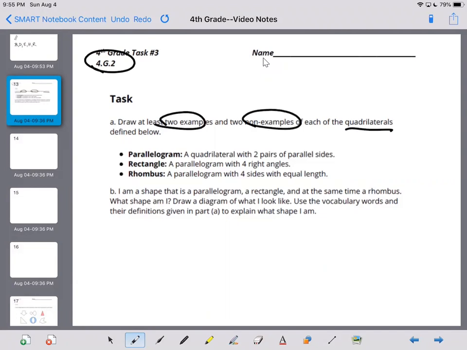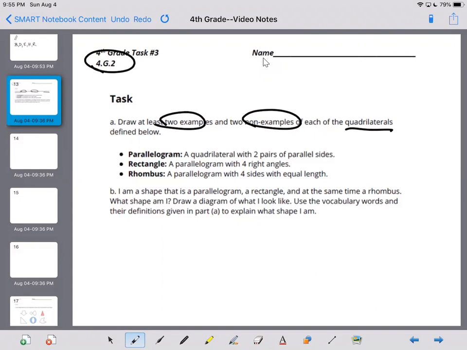And again, this task builds on geometric knowledge that students have developed way back in second grade, actually. You can look it up. It's 2.G.1. And so in this task number 3, students are basically using the definitions that they were learning back in second grade that are given for different types of quadrilaterals and what they know about parallel sides, and being able to identify how a square fits all the definitions and be able to explain why.